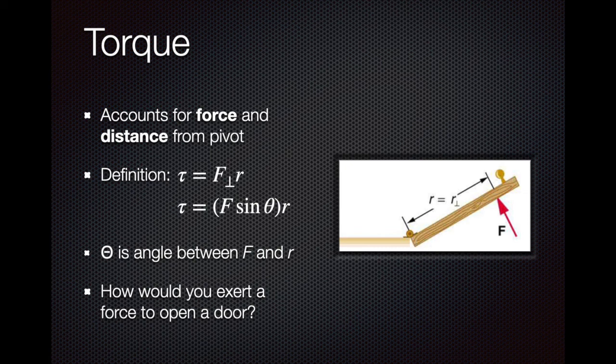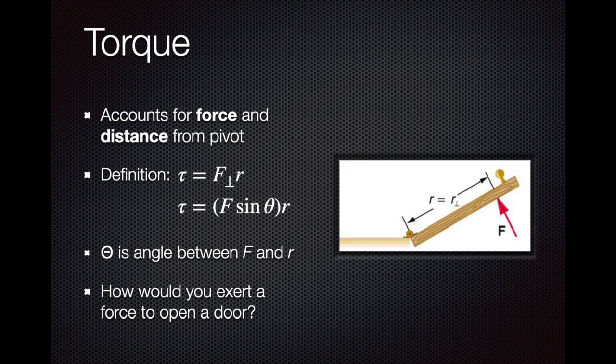So what does that mean? Well, it means that not only does the force applied and the distance from the pivot matter, but it also matters what the angle happens to be between r, which is called the moment arm or the lever arm, and the force vector. We're used to breaking down forces into their components, and so that's why I like to use the perpendicular component of the force.